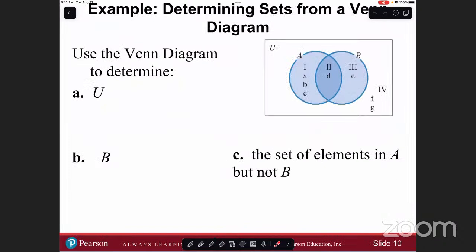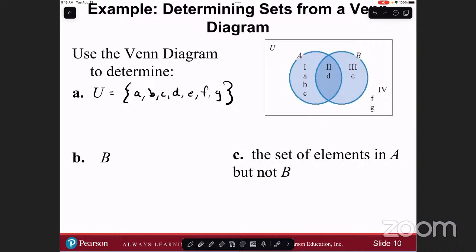So use the Venn diagram to determine each set. The universal set, let me see, A, B, C, D, E, F, G, H. So basically A through G. So this is going to be the set A, B, C, D, E, F, and G. The curly brackets just mean the set containing B. All the elements that are in B are basically regions 2 and 3.